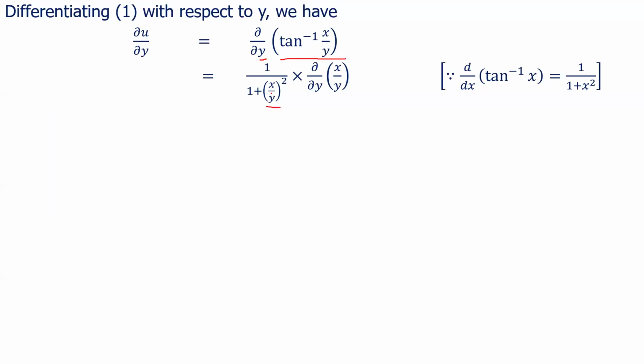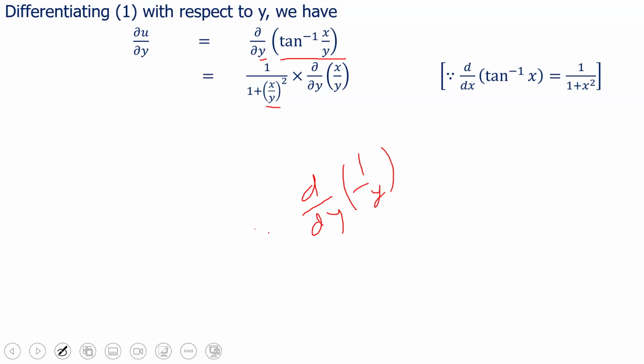So in place of x here, it is x by y, into the partial derivative of x by y with respect to y. Now here, what is the derivative of 1 upon y? Because we can take x outside. So the derivative of 1 upon y is nothing but minus 1 upon y square. So its value is minus x upon y square.